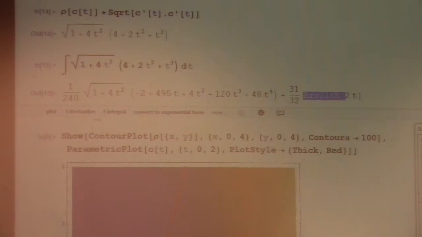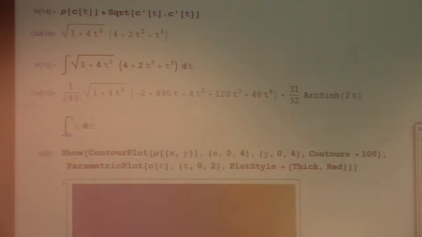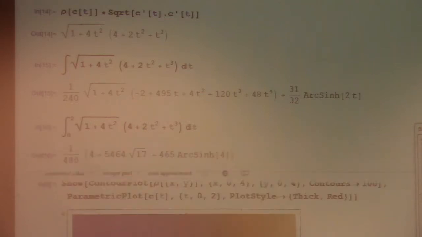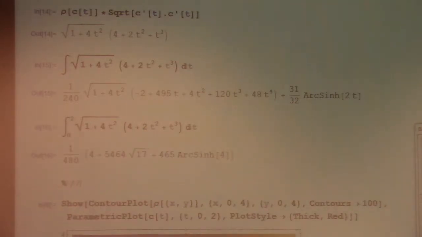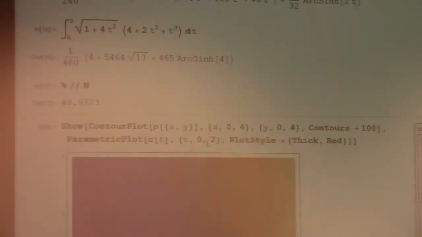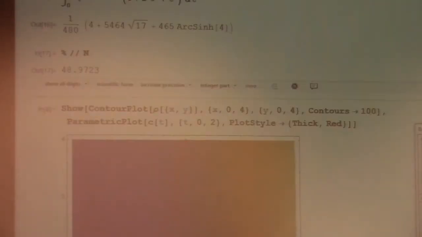How about a definite integral from 0 to 2? It's that, which is about, drum roll, 47, 48, 49. Hey, 49. Okay? So there's a more precise estimate for the mass.